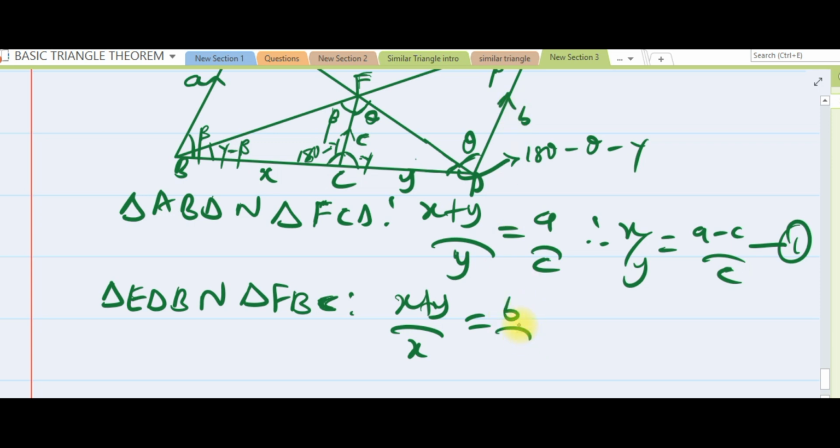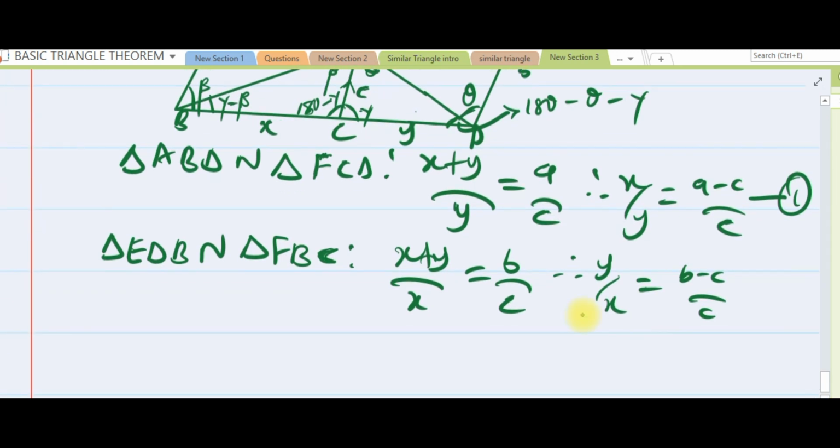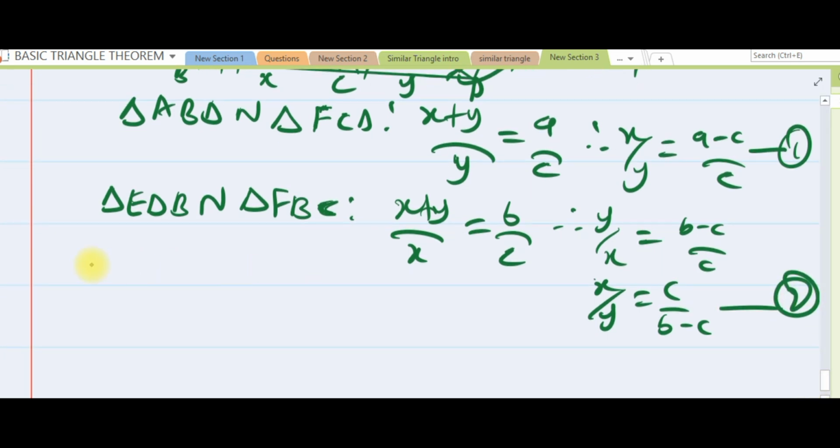B over that same C. Therefore y over x is B minus C over C, because x over x is 1, so 1 cancels. So if you reciprocate, x over y is now C over B minus C. Call it equation 2.